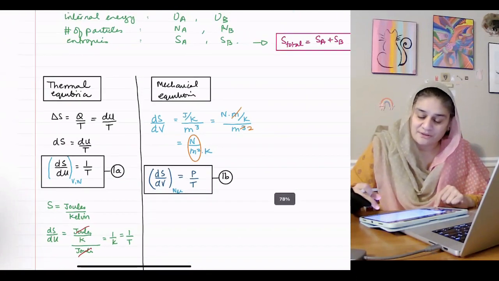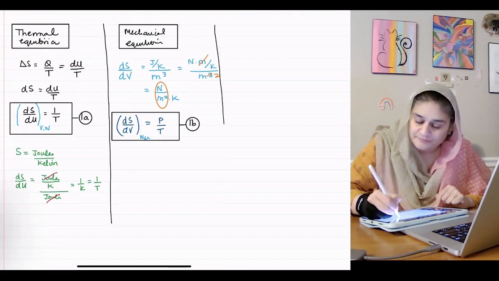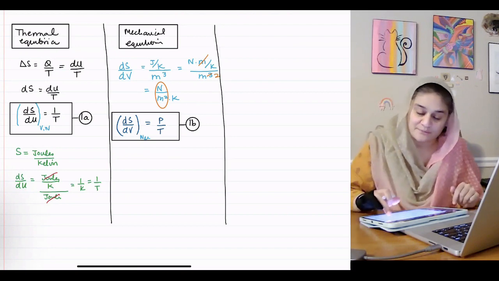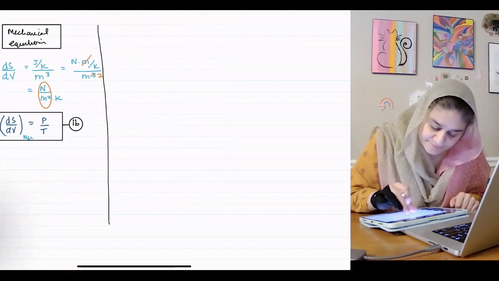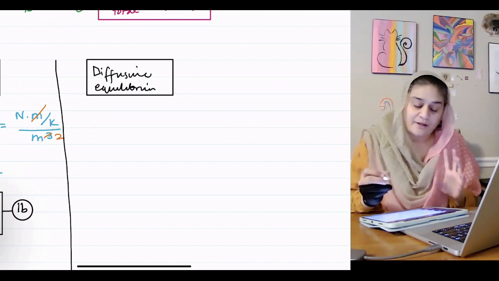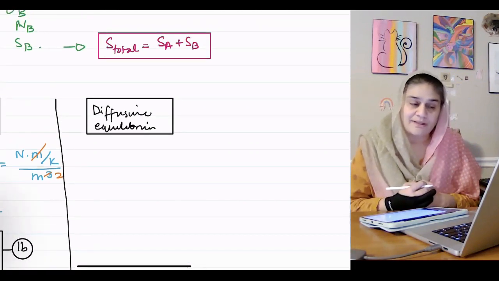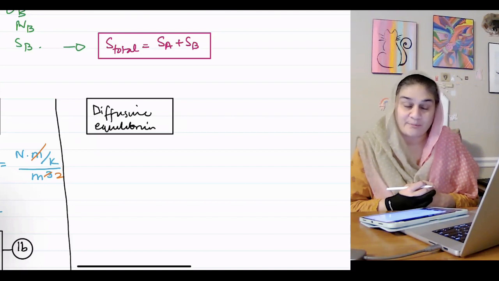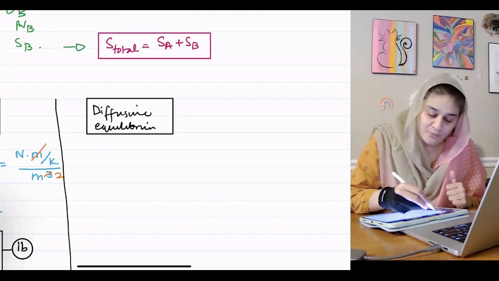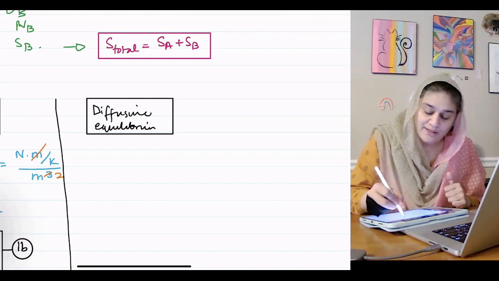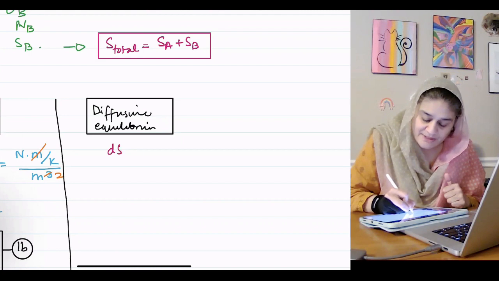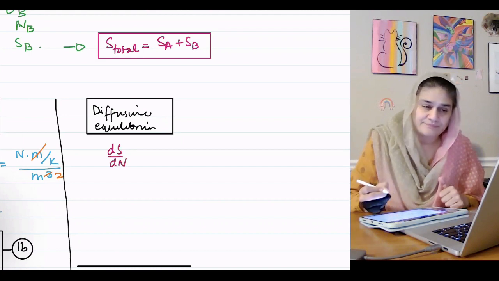Now comes something new that I want to focus in on. So number 3 was diffusive equilibrium. Now, what do I know? I know that my S total is the sum of SA plus SB. Now, if I ask the question, what happens when I have dS over dN?